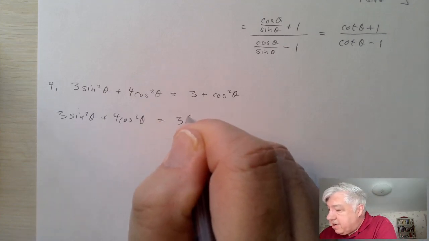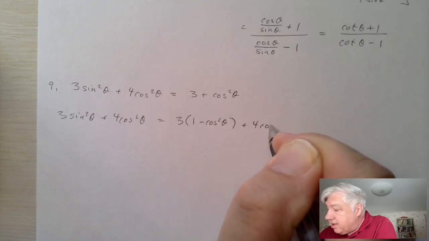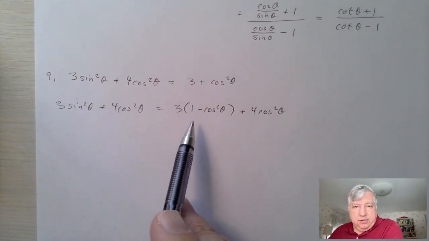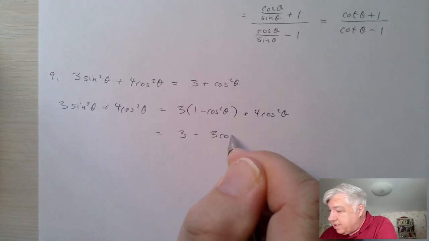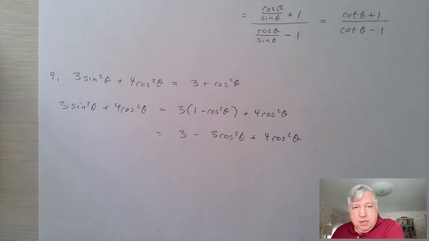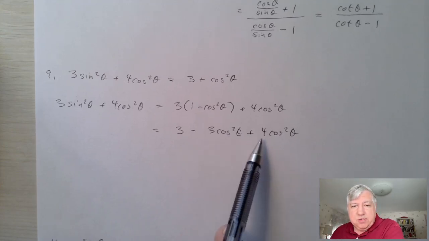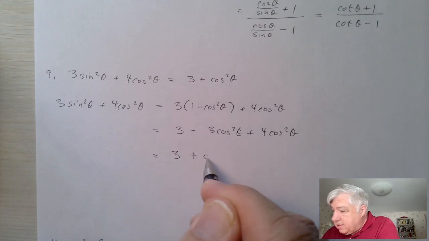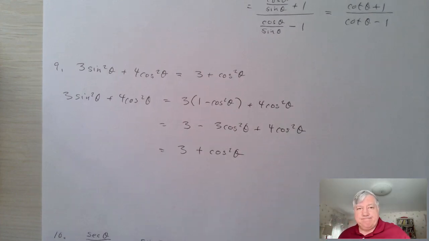So this is going to be 3 times 1 minus cosine squared theta plus 4 cosine squared theta. And then we can distribute the 3. So 3 times 1 is 3, minus 3 cosine squared theta plus 4 cosine squared theta. Combining like terms, minus 3 cosine squared plus 4 cosine squared is just 1 cosine squared. So this is 3 plus cosine squared of theta, which is what we wanted to prove.